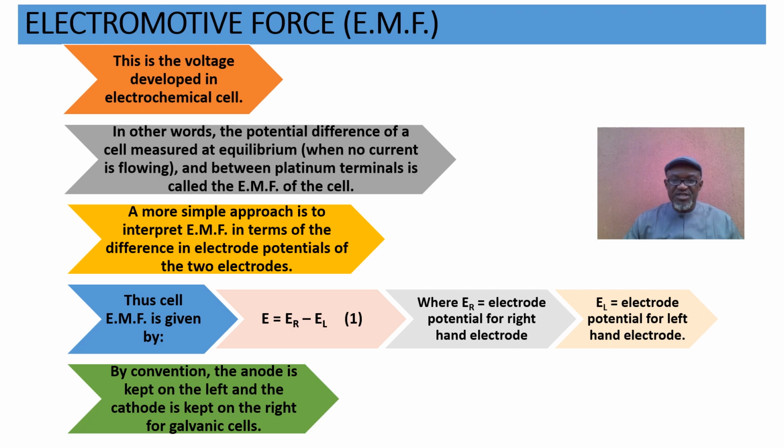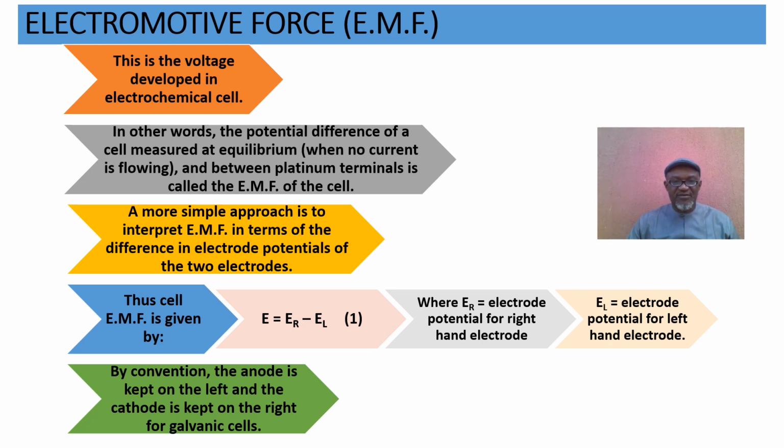Now, because of this E right and E left we are talking about, we have a convention. So by convention, the anode is kept on the left and the cathode is kept on the right for galvanic cells. Like the Daniel cell, the anode is where you have the zinc electrode, where the oxidation takes place, whereas the cathode is on the right, the copper electrode, where we have reduction of copper ion.